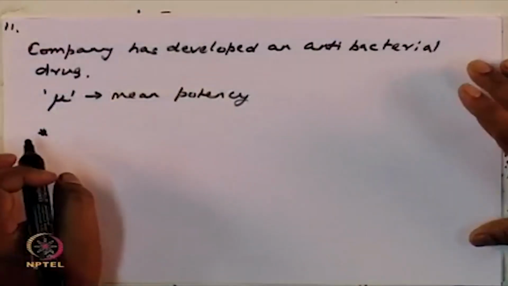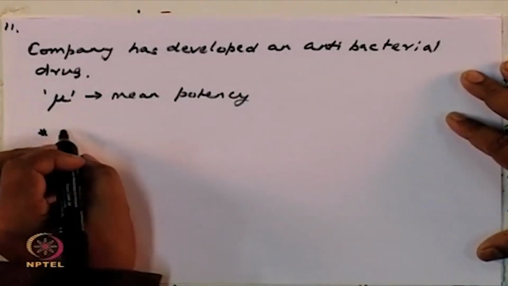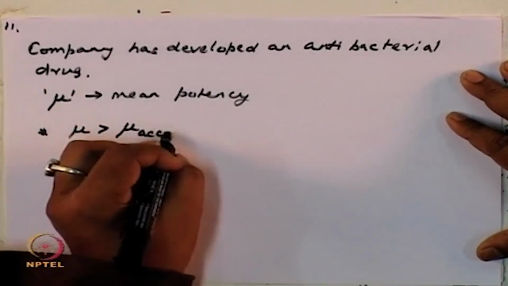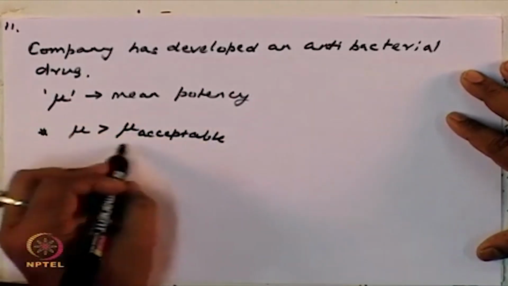So, instead of actually calculating its mean potency, the company can raise or address two possibilities. Possibility number 1, the average potency mu is greater than mu acceptable, whatever government norms stipulate.